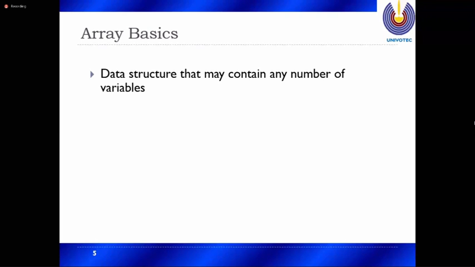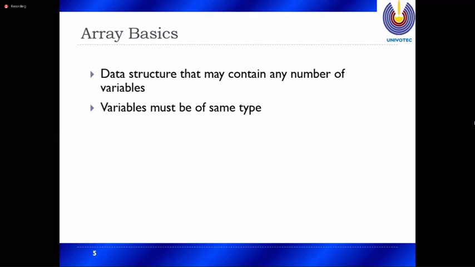Now, array basics. An array is a data structure that may contain any number of variables. In a program I may have many variables declared, but if you declare each variable separately, you have to increase the amount of coding. For variables of the same data type, you can make an array. The variables must be of the same data type.